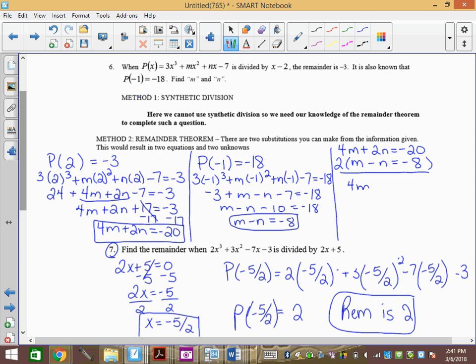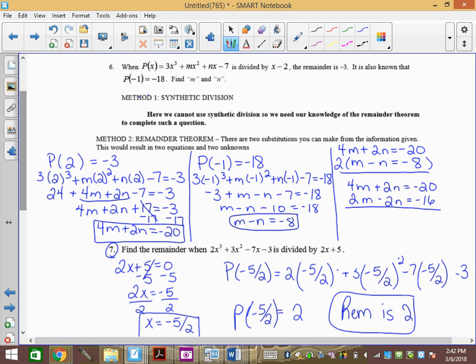So we get 4m plus 2n equals negative 20, and 2m minus 2n equals negative 16. Most people forget to do it to the 8. Now, if we subtract, we'd get 2n minus a negative 2n, which would actually be 4n.